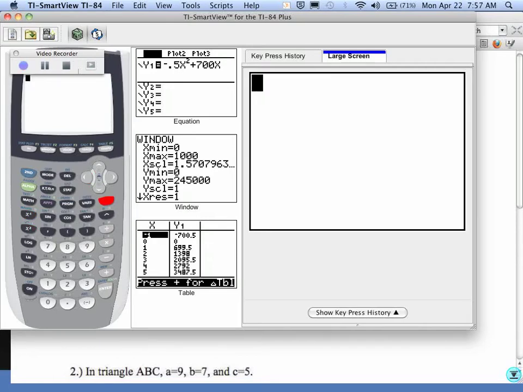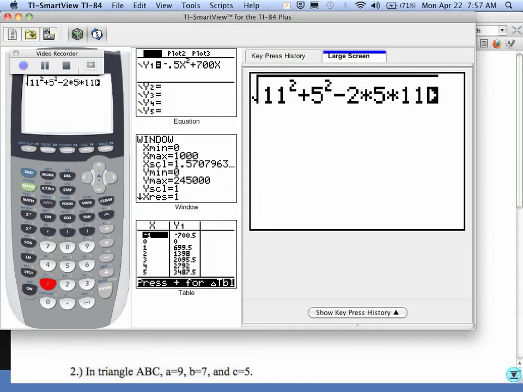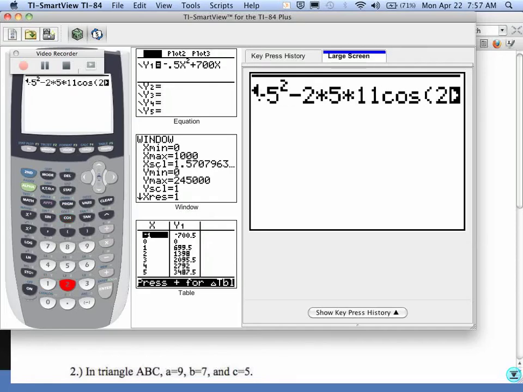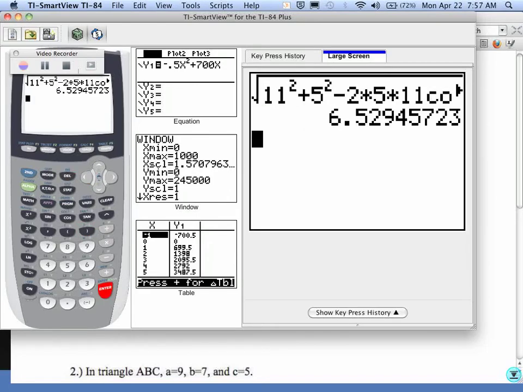I wish it showed up. 11 squared plus 5 squared minus 2. Now you can put parentheses in. It's easier just to hit times 5 times 11 cosine of 20, right? Technically, you close the cosine and you should close your square root, though on mine I don't have to. So we're getting about 6.5, 6.53 you might write down.